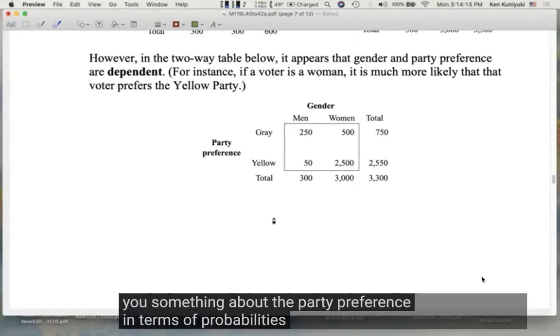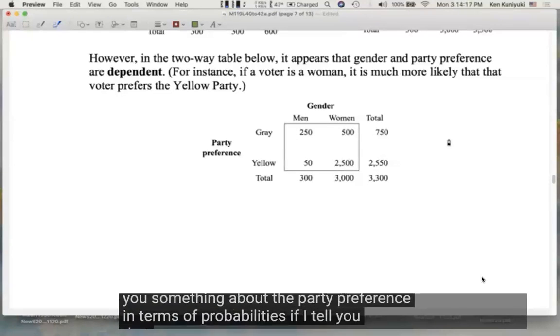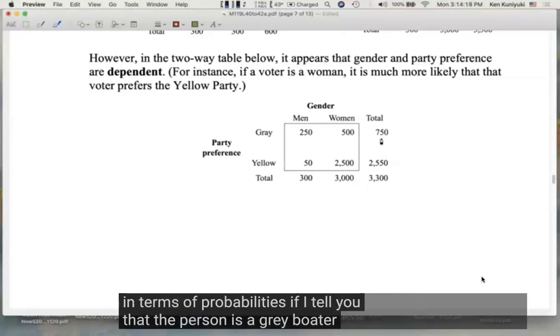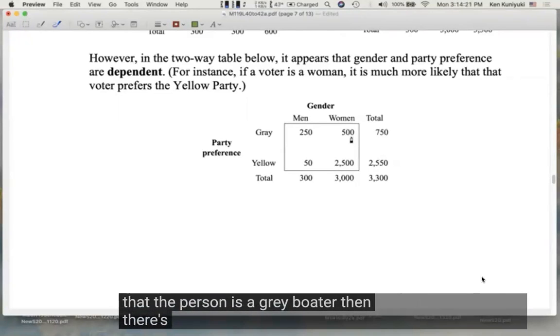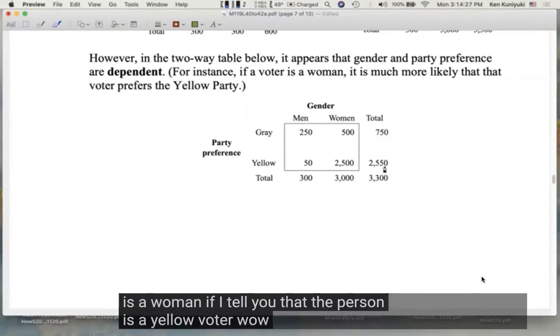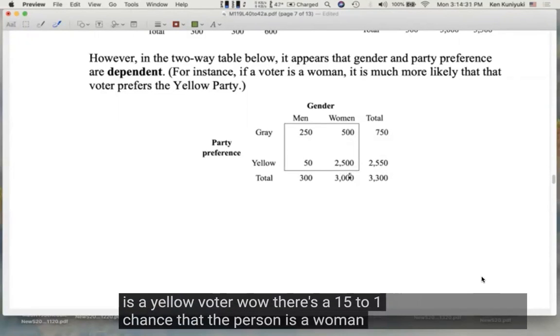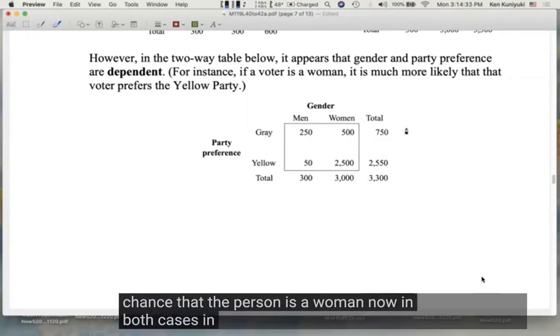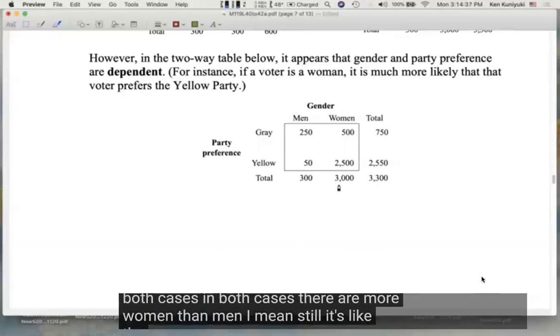terms of probabilities. If I tell you that the person is a gray voter, then there's a 2 to 1 chance that person is a woman. If I tell you that the person is a yellow voter, wow, there's a 50 to 1 chance that the person is a woman. Now, in both cases, there are more women than men. I mean, still, it's like the Amazons.